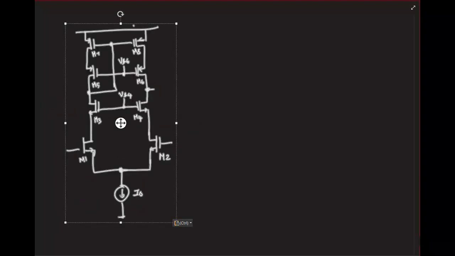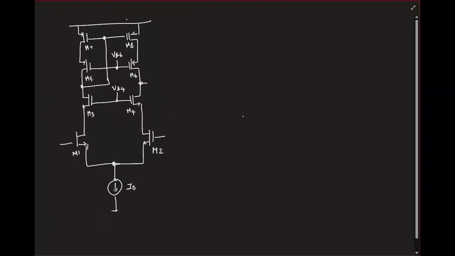Cool. So now let's look at the output side. So here let's find what is the range of output voltages the opamp can accommodate. First let's look at the lower end.